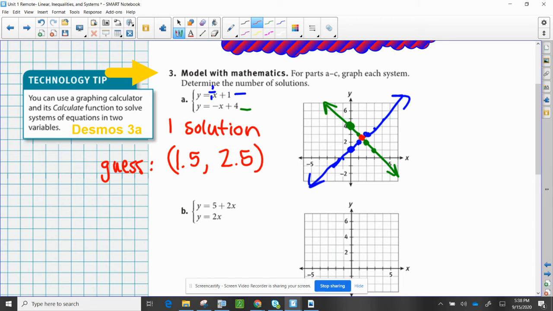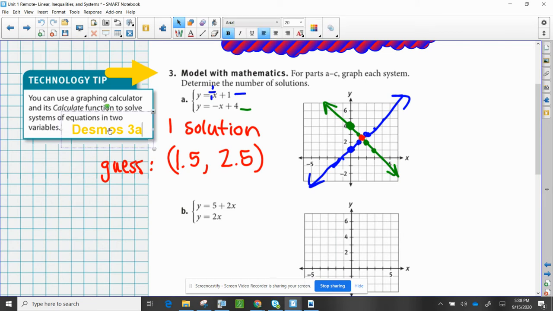So that had one solution, one intersection point. Remember, you could always use a graphing system to help you do that. You can use your graphing calculator since these are both y equals and calculate an intersection. Or you can always use Desmos that I've been showing you a few times.